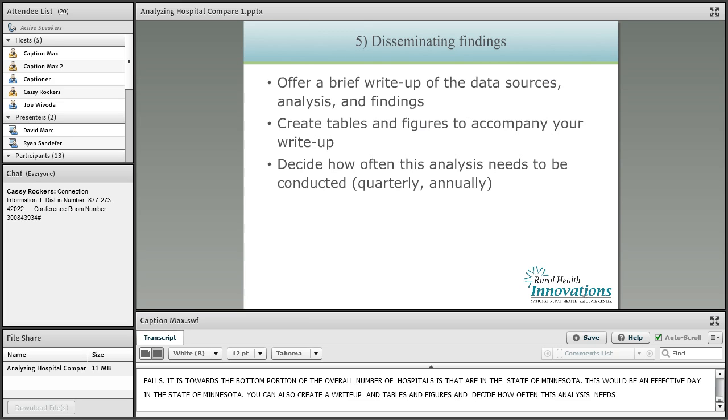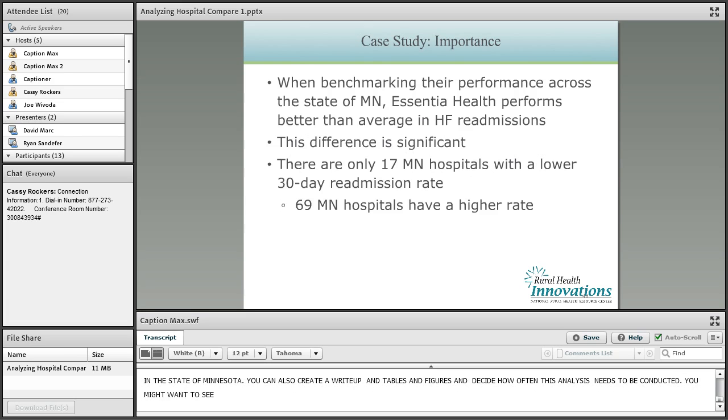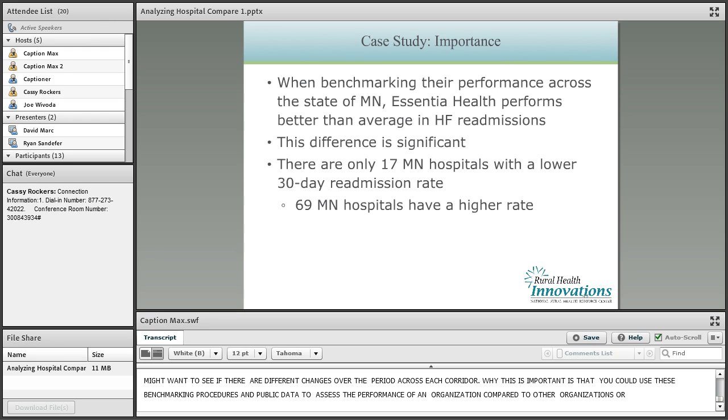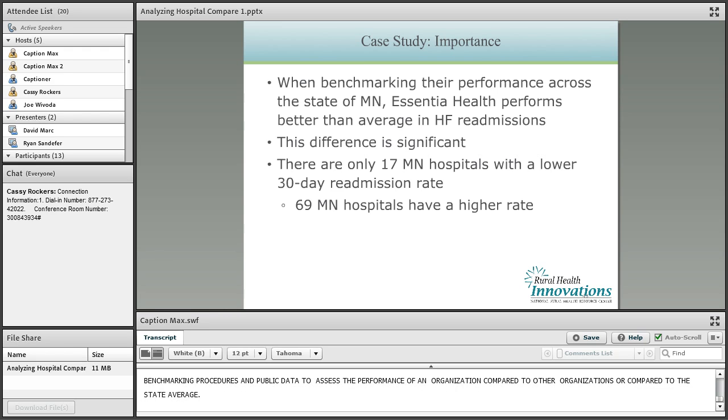Once that was done, we were able to run some basic descriptive statistics just in Excel. So we found that the heart failure 30-day readmission rate for Essentia was 21.5. And if you look at the Minnesota state average, and there was a total of 87 hospitals included in that average, the state average for the 30-day readmission rate was 22.2.